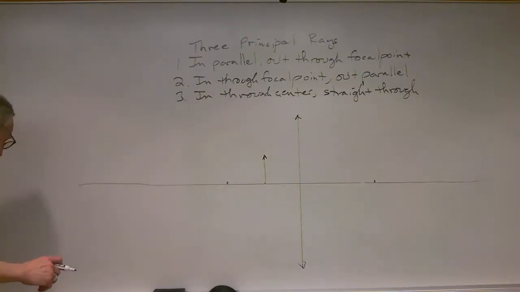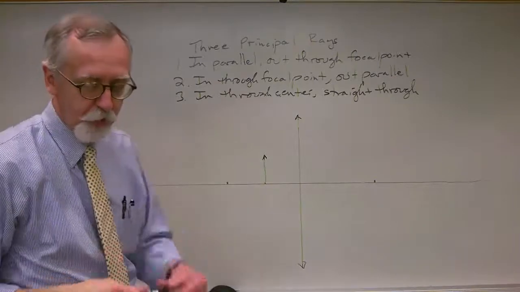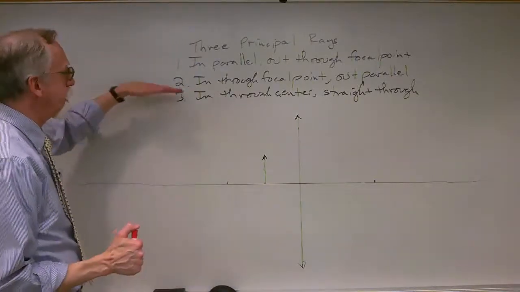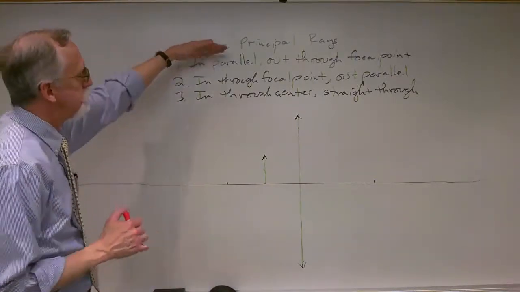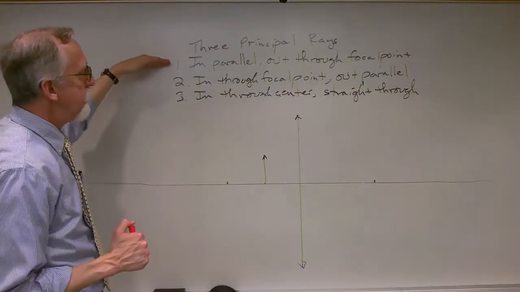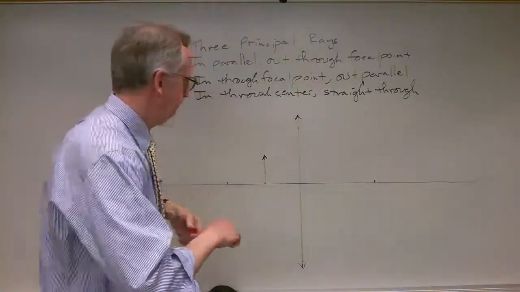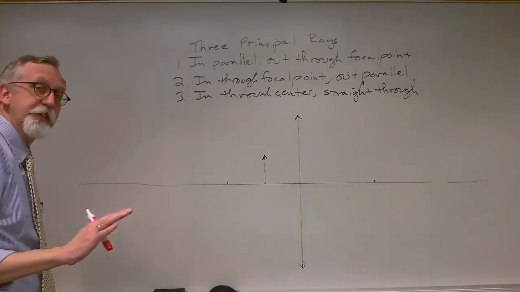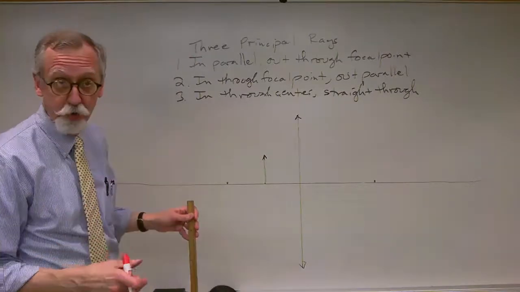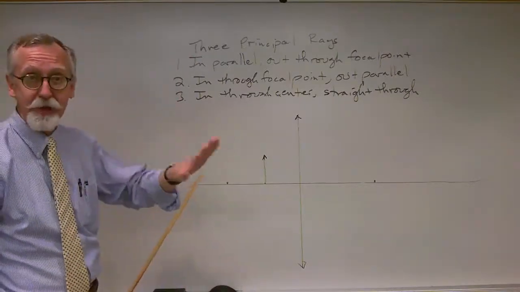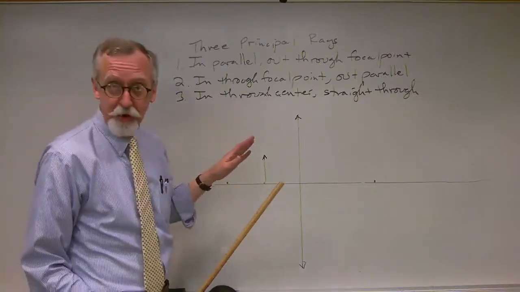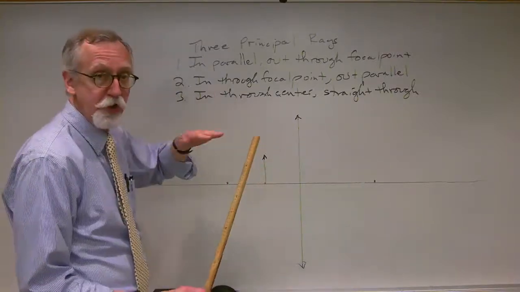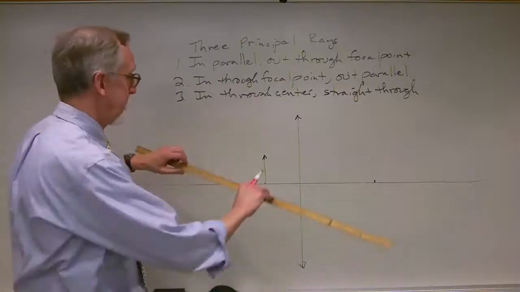Now what happens? Well, we're going to draw our same three principal rays. First one, in parallel, out through the focal point. I really suggest that you do this with a ruler or a straight edge to make these as accurate as possible. And if you can do it on graph paper, it's even better, because then you can make sure that parallel rays are really parallel.